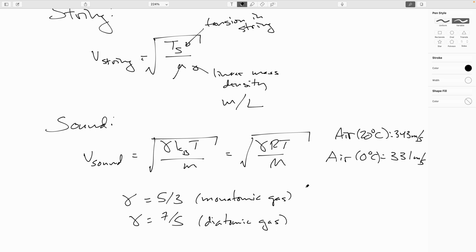And in solids, the equation looks a little different, but I'll just quote a result for diamond, which happens to have a particularly fast speed of sound. It's about 12,000 meters per second. And although steel isn't as fast as that, it's a heck of a lot faster than air.